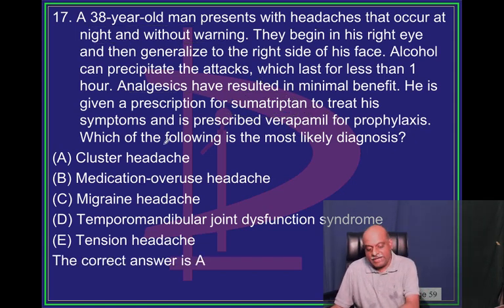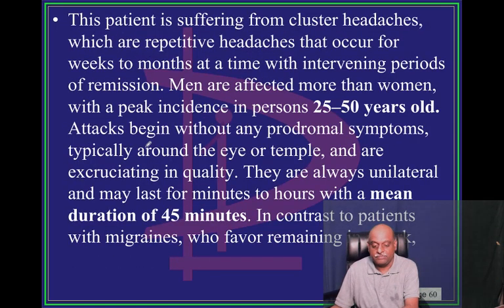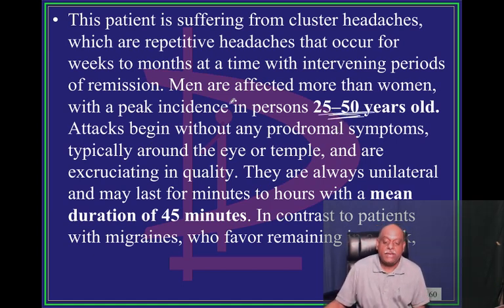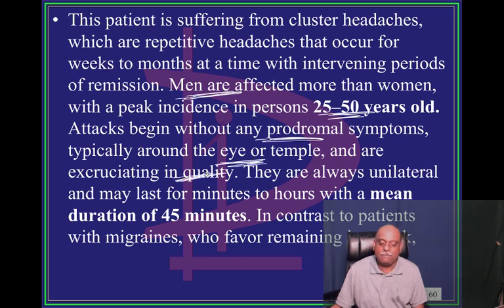So what is the most likely diagnosis? Cluster headache. 25 to 50 years, men are affected more than women. No prodromal symptoms, periorbital, excruciating pain. Often it is unilateral. The mean duration is 45 minutes.